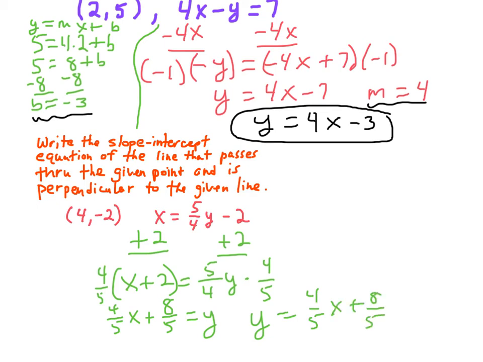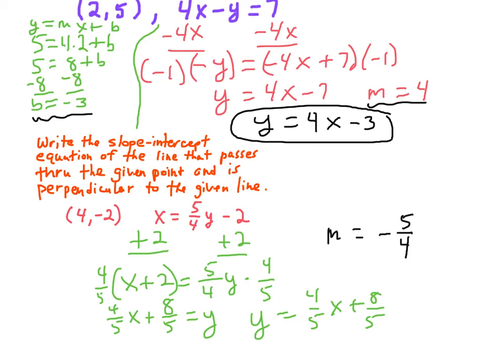Now I'm really only concerned in this equation with this slope right here. So the slope of the line I'm looking for needs to be perpendicular, so I'm going to pick the slope that's the opposite reciprocal of that. So the slope I'm going to use is m equals -5/4. That's the opposite of the reciprocal. The reciprocal of 4/5 is 5/4, and the opposite of that is -5/4.